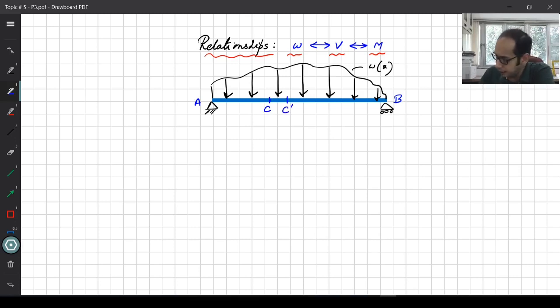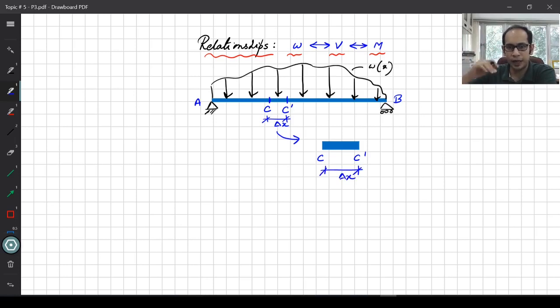And let's say that the distance from C to C prime is delta X. Now if I separate out the C prime, what do we get? We essentially get a small chunk of the beam. So here, this is my C prime, again, the length is delta X.